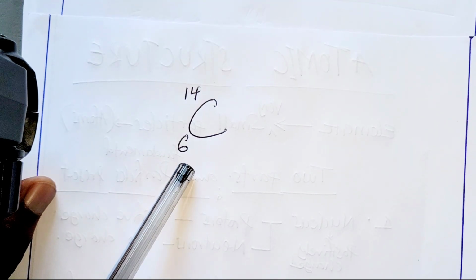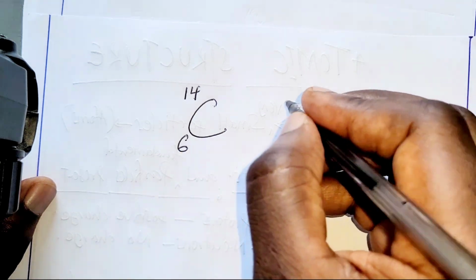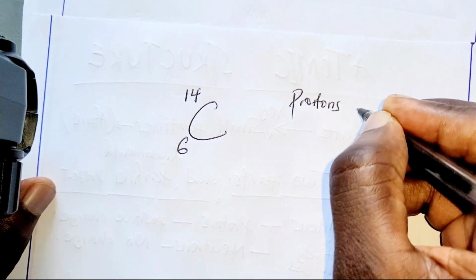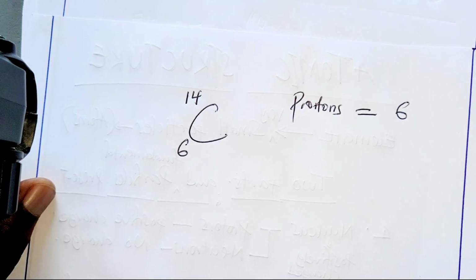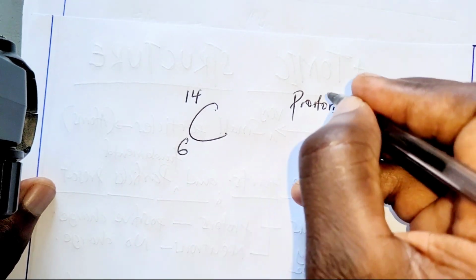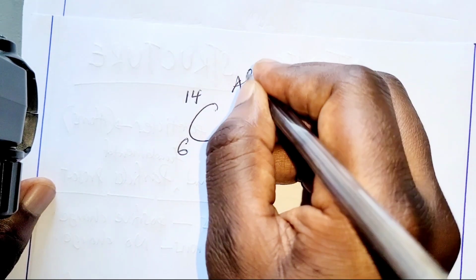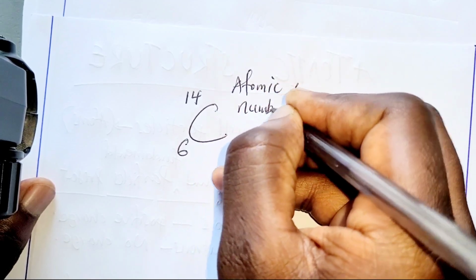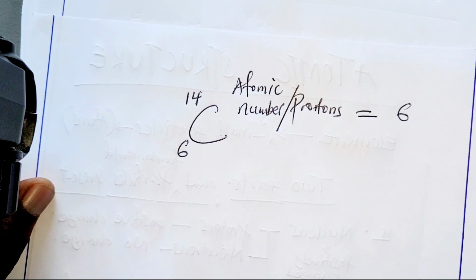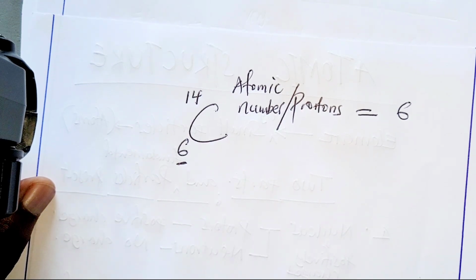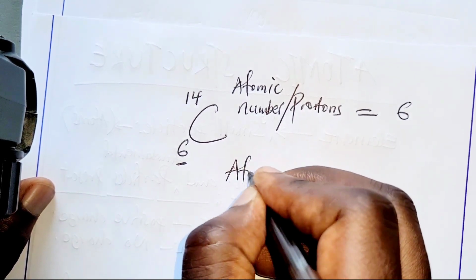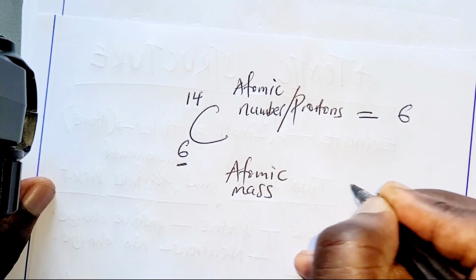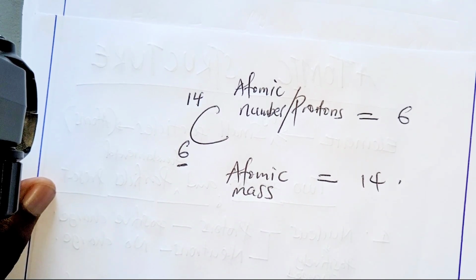So this is carbon 14, meaning that the number of protons is 6, which is the same as atomic number. From down here, this is atomic number. Then the 14 represents atomic mass. That means atomic mass is 14.